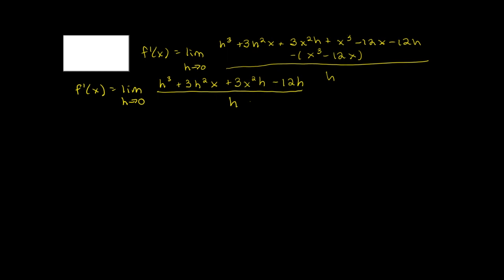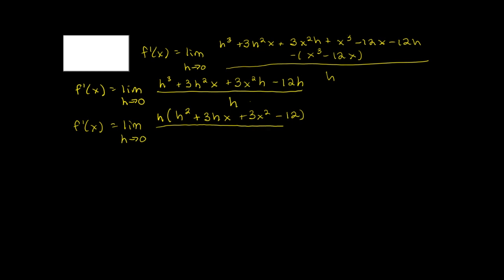So just like the quadratic example, we need to factor out an h. So I'm going to factor that out on top. So I have the limit as h goes to 0 of h times, h cubed, I'm removing an h, so h squared plus 3hx plus 3x squared minus 12.